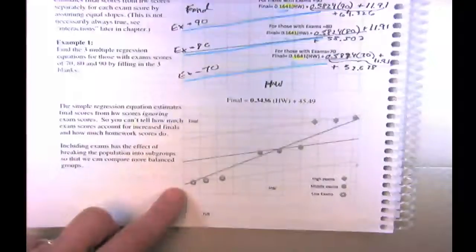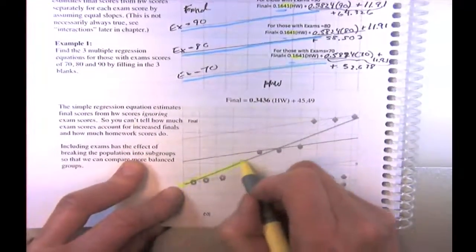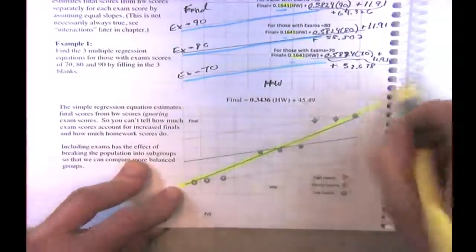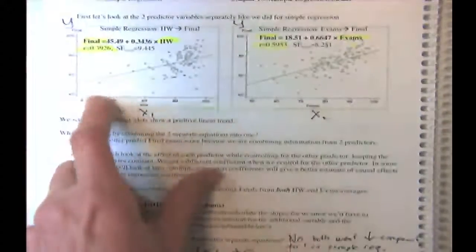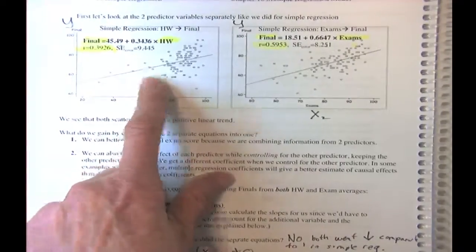If we don't have that, then what do we have instead? We have this overall slope in the simple regression equation. It's not distinguishing. It's mixing up all the different exam scores.